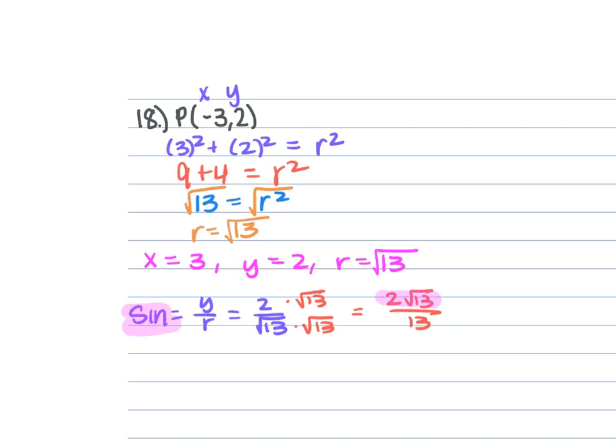So sine is 2 square root 13 over 13. Cosine is x over r. So that's going to be 3 over the square root of 13. We once again rationalize that denominator to give ourselves 3 square root 13 over 13.